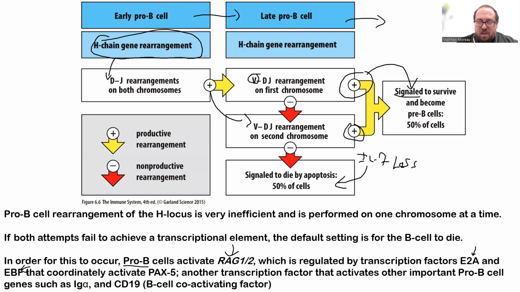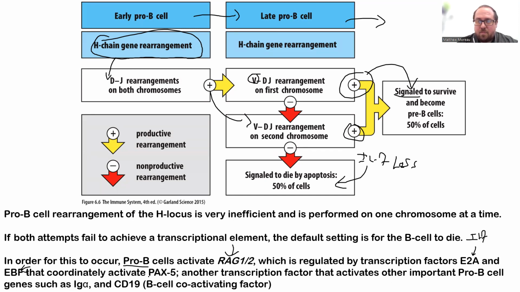They are activated through the movement from early pro to late pro, and all of this is part and parcel of the expression of IL-7. The expression of IL-7 induces the expression of E2A and EBF.